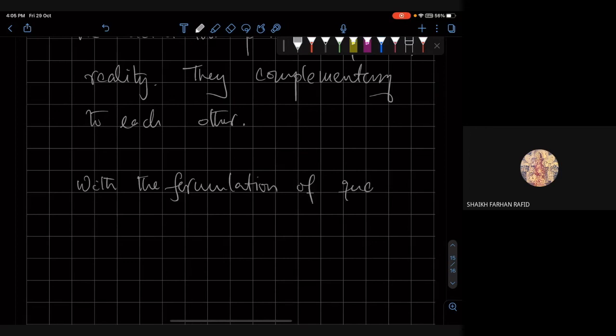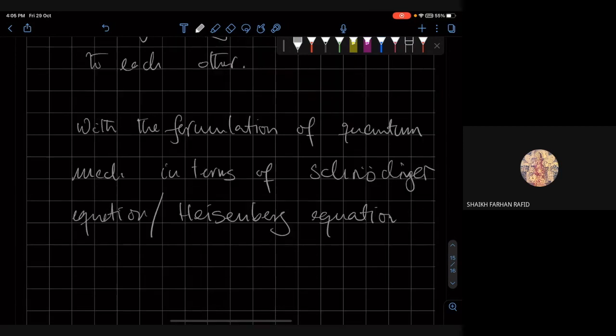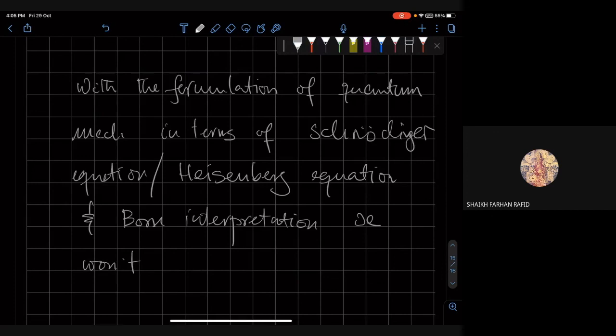So, with the formulation of quantum mechanics in terms of, say, the Schrödinger equation, or the Heisenberg equation, and the Born interpretation, as we shall see, now we won't need to invoke this principle.